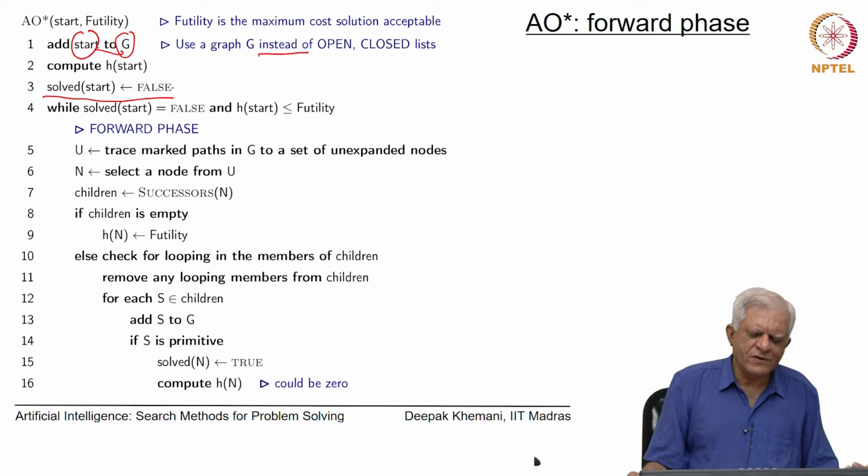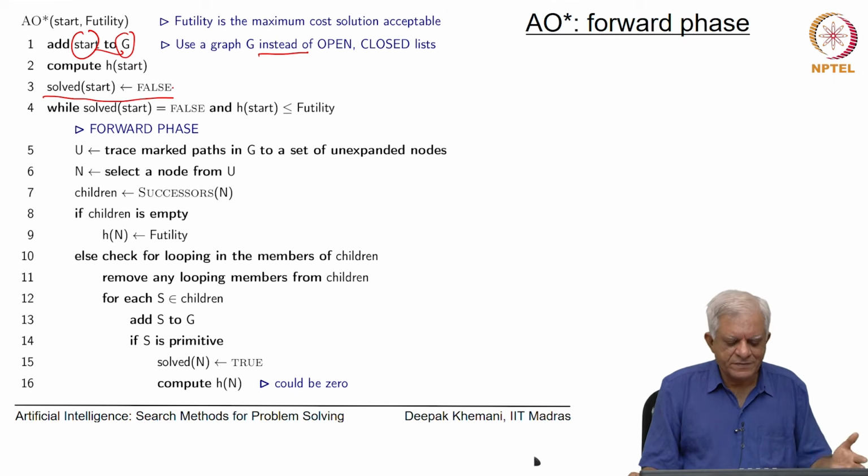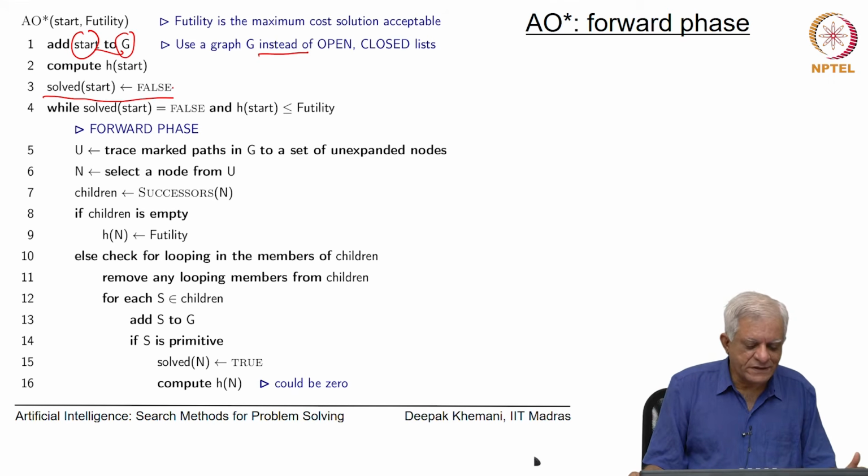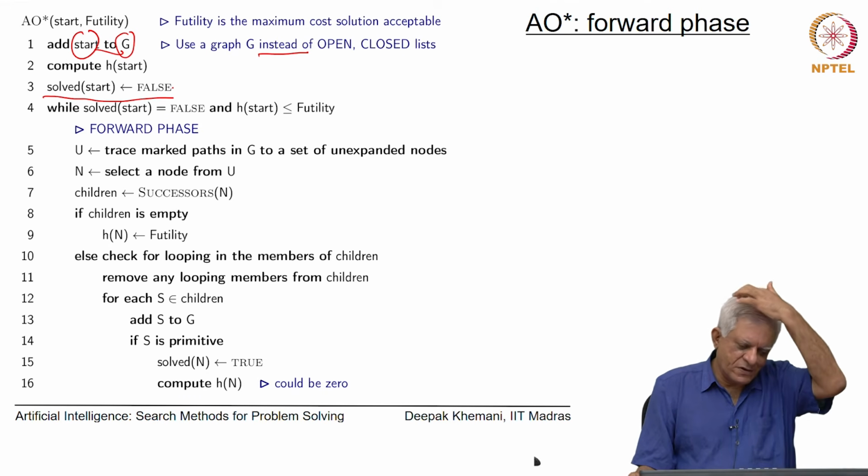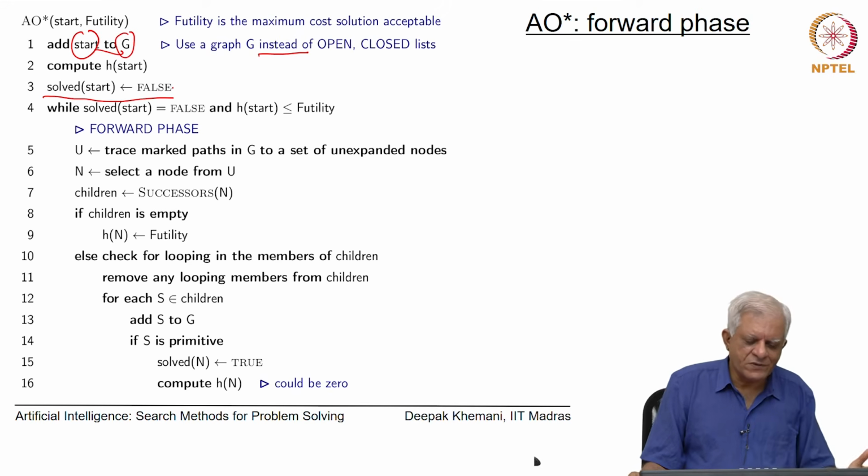We could have used 2 labels, live and solved, but this particular variation, which has been published in other sources as well, uses a Boolean variable called solved, and it is either true or it is false. In this case, because it is not solved, it is false, which is equivalent to saying that it is live.